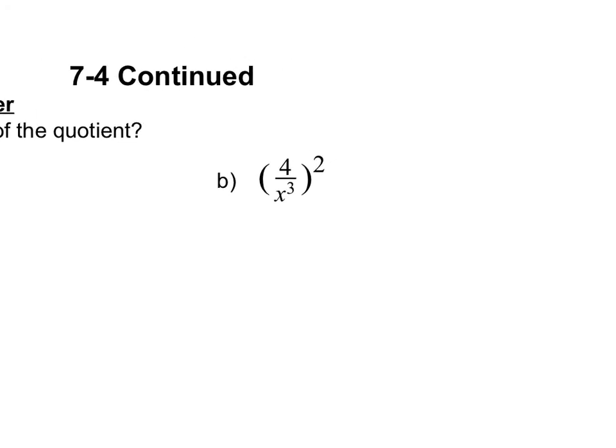Looking at this next example, there's nothing to do inside the parentheses, right? There's nothing that we can do between the 4 and the x to the 3rd power, but remember that is 4 to the 1st over x to the 3rd, and this squared goes to everything inside, so that can be rewritten as 4 to the 1st squared over x to the 3rd squared.